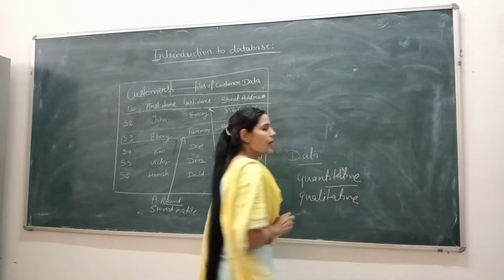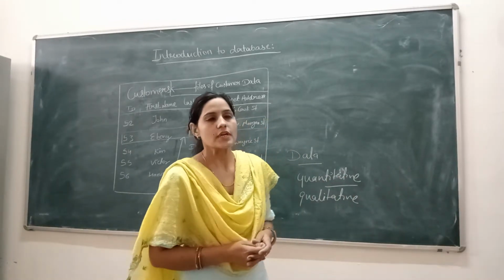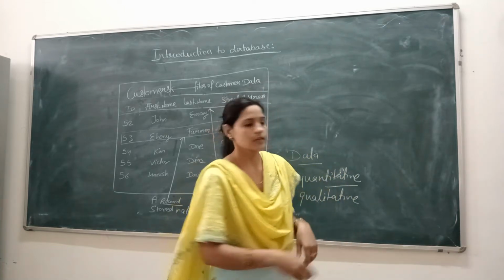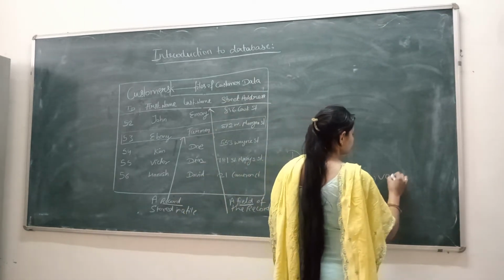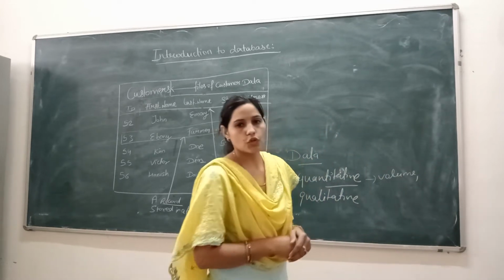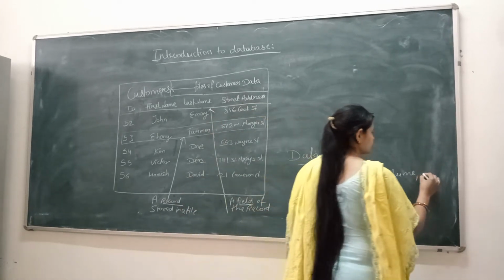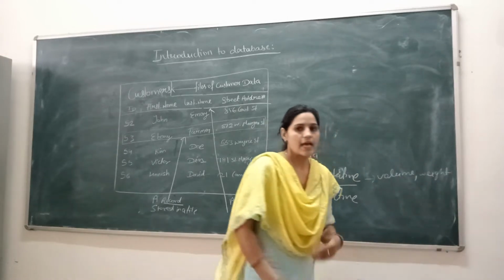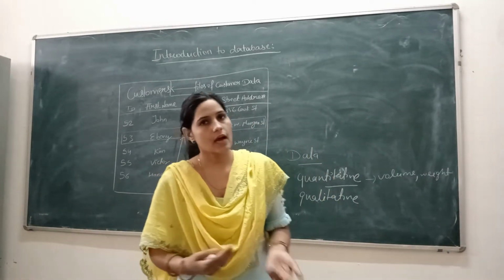Quantitative is defined as the numerical form, like the volume, weight and the cost of any item.